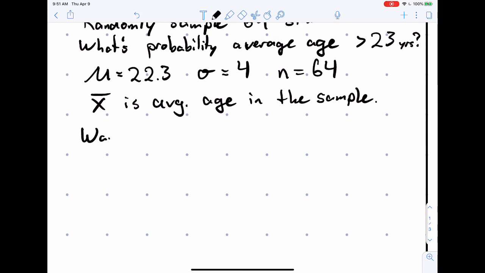We want the probability that x bar is greater than 23.